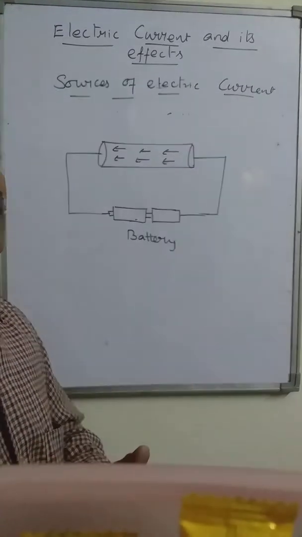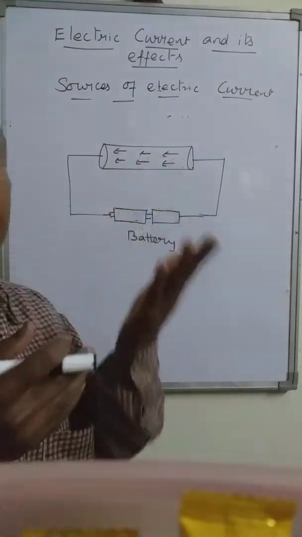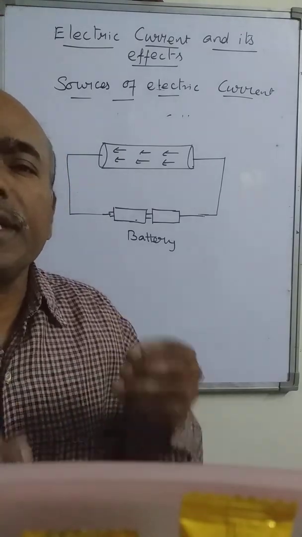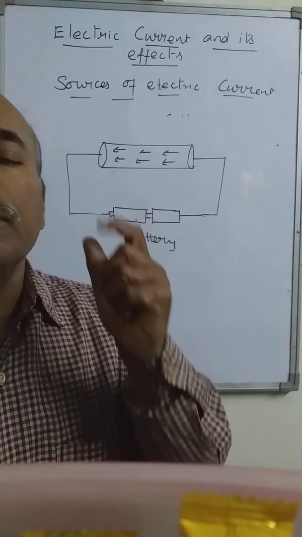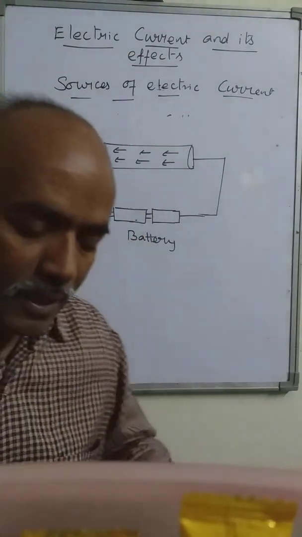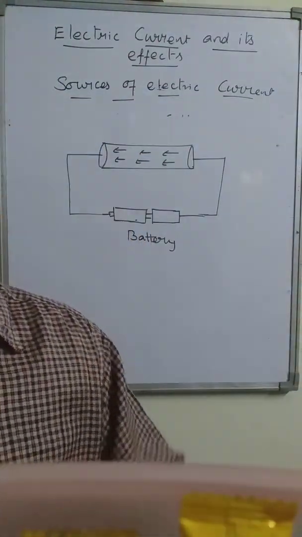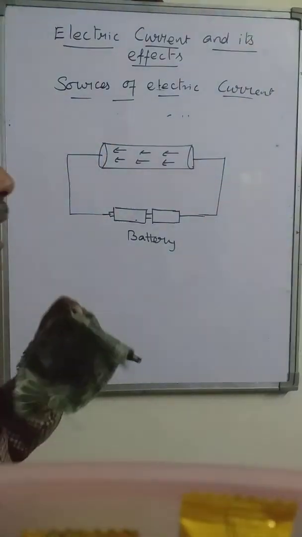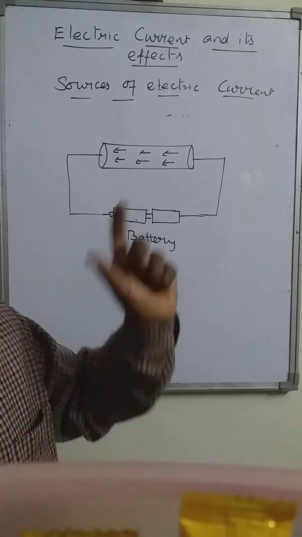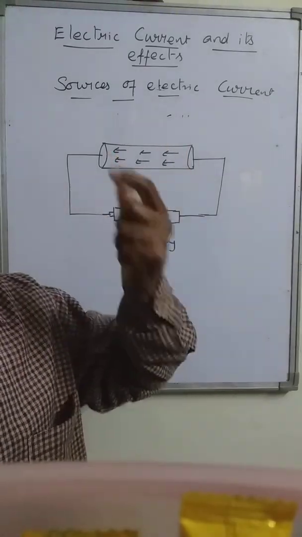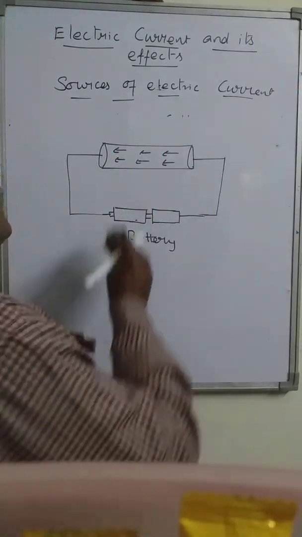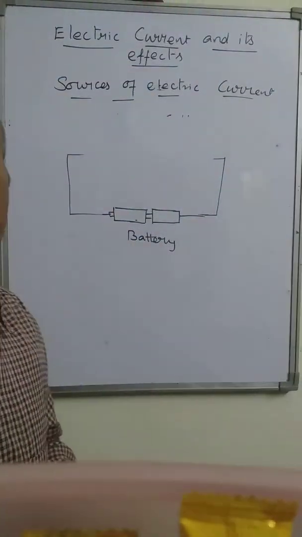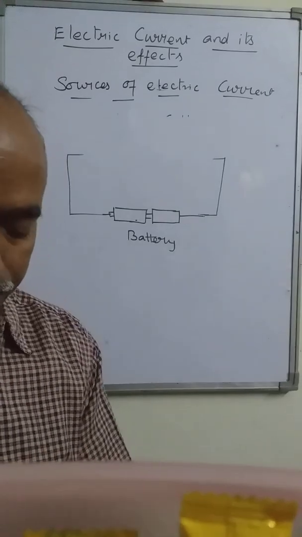But how can we observe whether the current increases or not? For this, we may take an electric bulb. You have studied this electric bulb in previous classes. The electric bulb can be connected instead of this conductor. Now let us replace this conductor with an electric bulb.